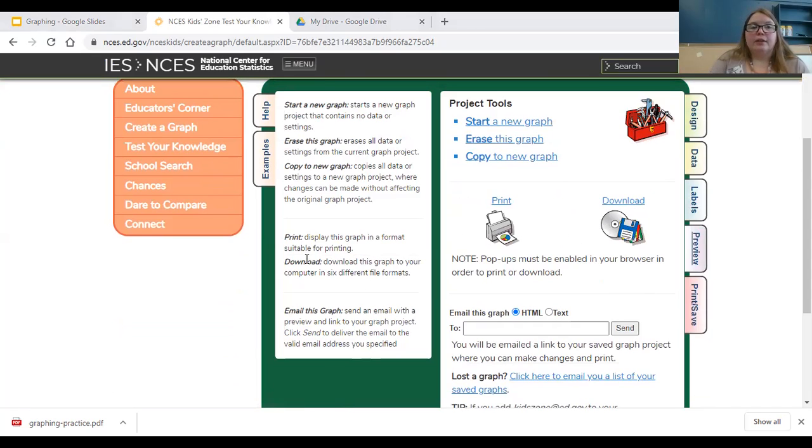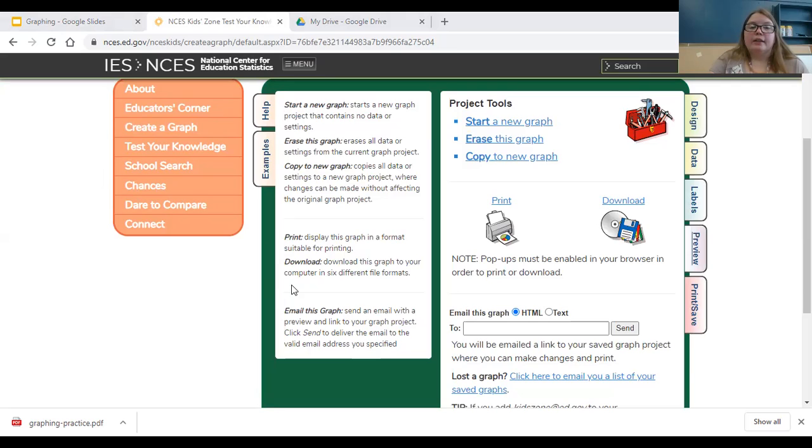So if I download it, I would pick PNG or JPEG. This is a picture format. So when you go to insert a picture into a slide or something to show me your graph, that would be the best way to do it. So I downloaded it. See, it downloaded right here.